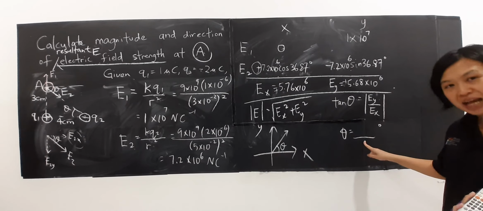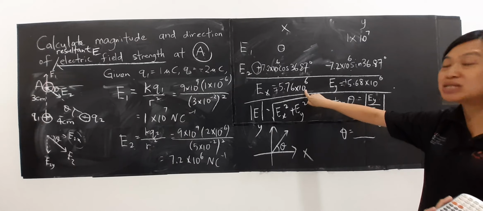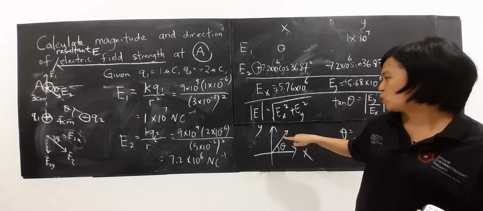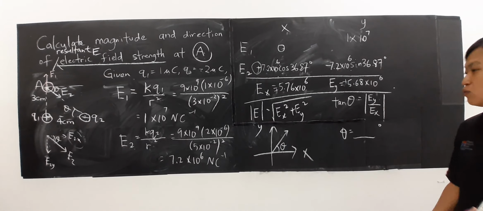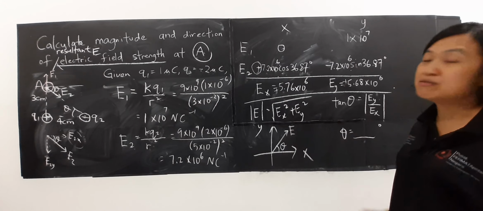Other than value for the angle, you have to draw where does the resultant electric field belong to which quadrant. You kena lukis. Okay, jadi untuk ini itu je. Jadi ini E resultant kita.